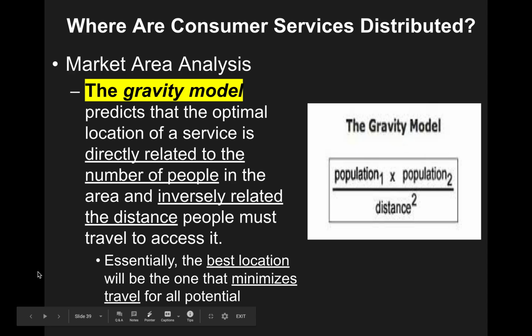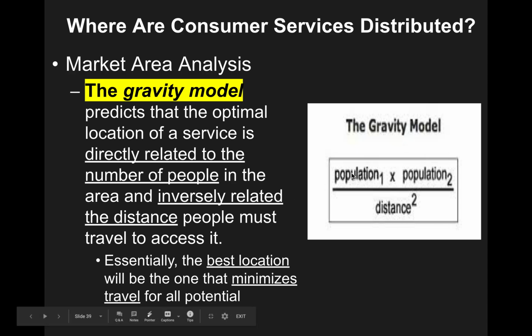Moving to the gravity model. The gravity model is directly related to the number of people and inversely related to the distance people must travel. So we want to minimize the distances that all potential customers must travel to reach the service. When looking at the gravity model, consumer behavior follows two patterns. One is the greatest number of potential customers for a service. You want to be located near the greatest number of customers per service.